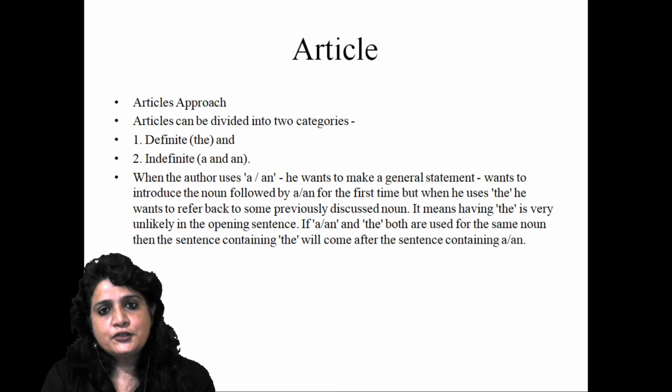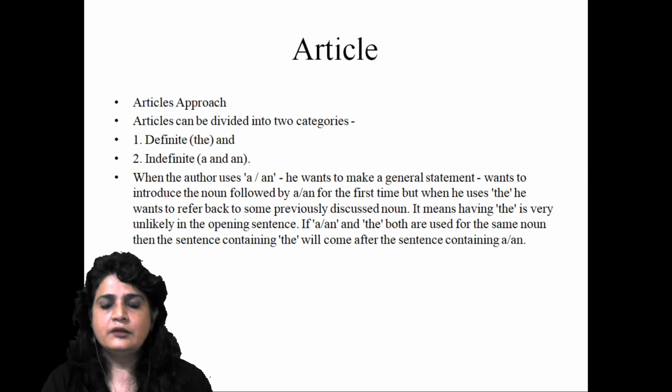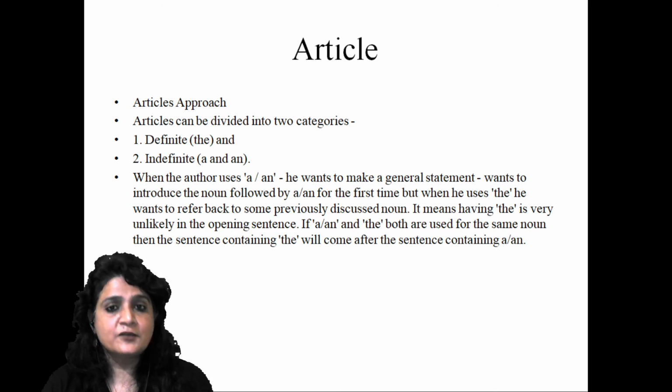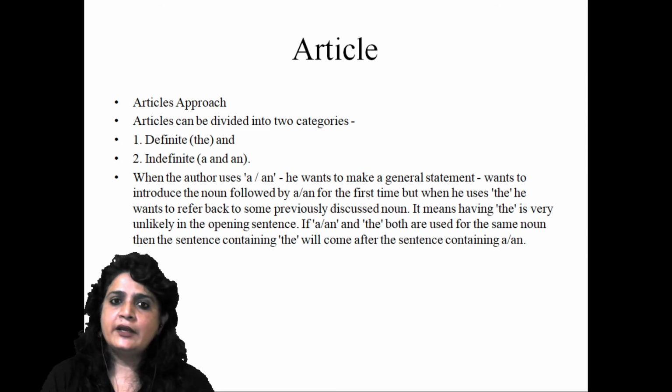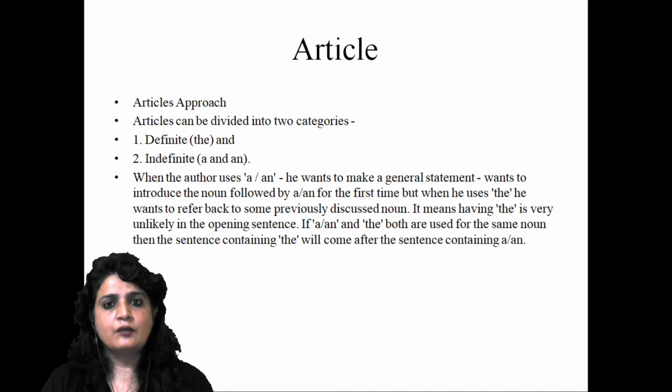So whenever you introduce a subject for the first time in a sentence, you will use the article a or an, right? Depending on which letter the word begins with. You introduce it with a or an, and then if you want to use that object again, you precede it with the. So I can say, I bought a mobile yesterday, but the mobile is not functioning properly.